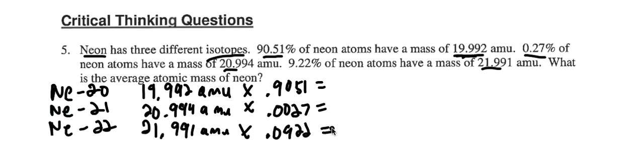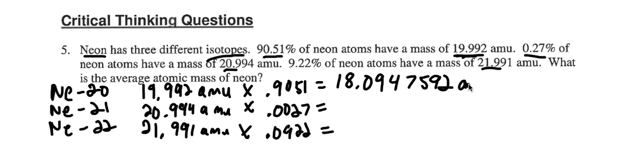Now I need to plug in some numbers. I'm going to do a quick little math here. First one I get 18.09. I'm going to carry through all my numbers. 47592.